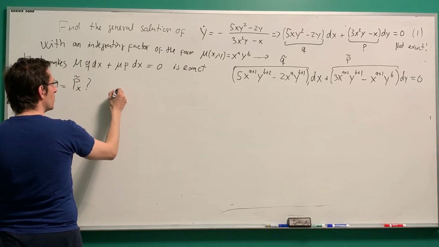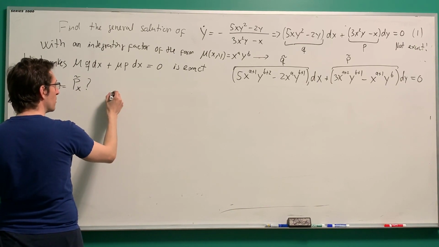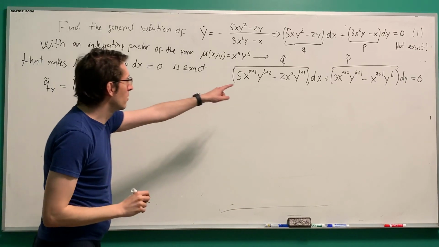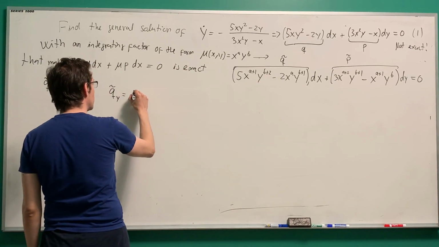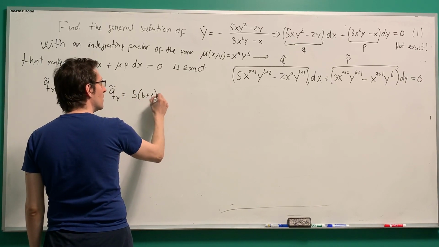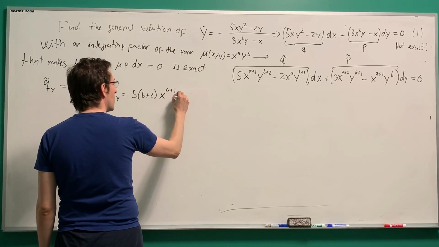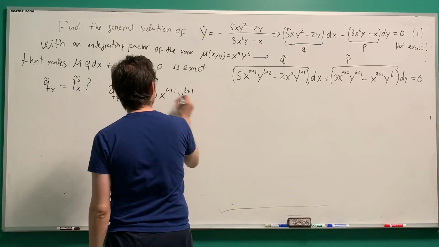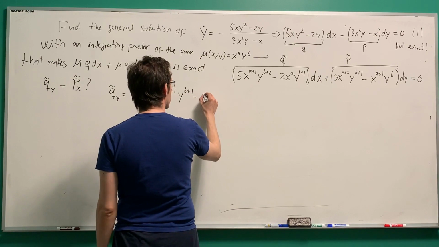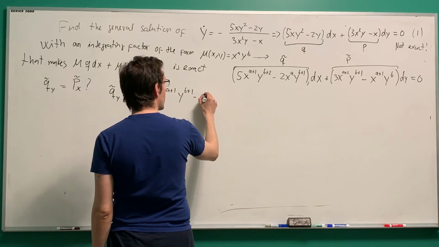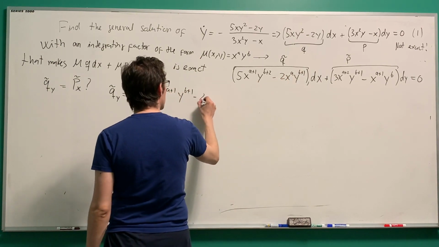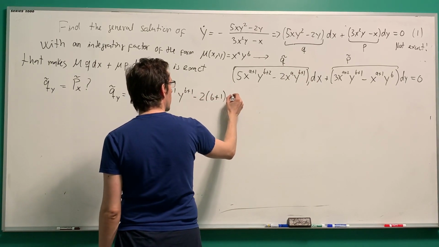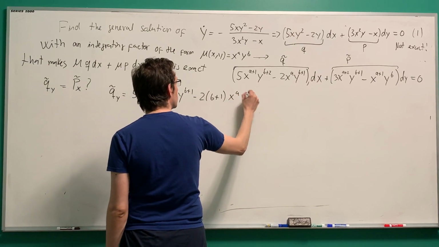So q tilde, I'm going to write both like this, one on top of the other. Q tilde with respect to y is, all right, b plus 2 comes down, so I have 5 times b plus 2, x to the a plus 1, y to the b plus 1, minus, now this one with respect to y again gets a b plus 1 down, 2 times b plus 1, x to the a, y to the b.